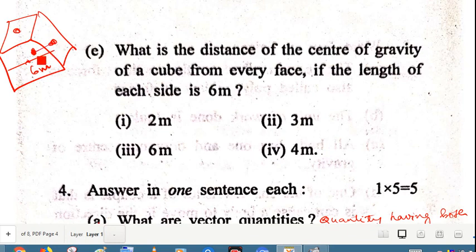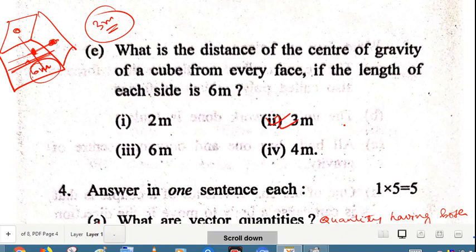So from all the sides, it will be at 3 meters, because the total side length is 6 meters. So at the half distance from the face, you can find the center of gravity. The answer will be 3 meters.